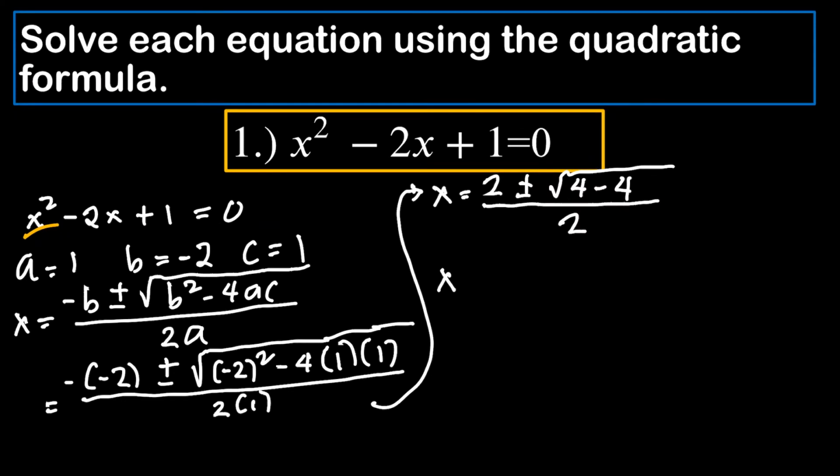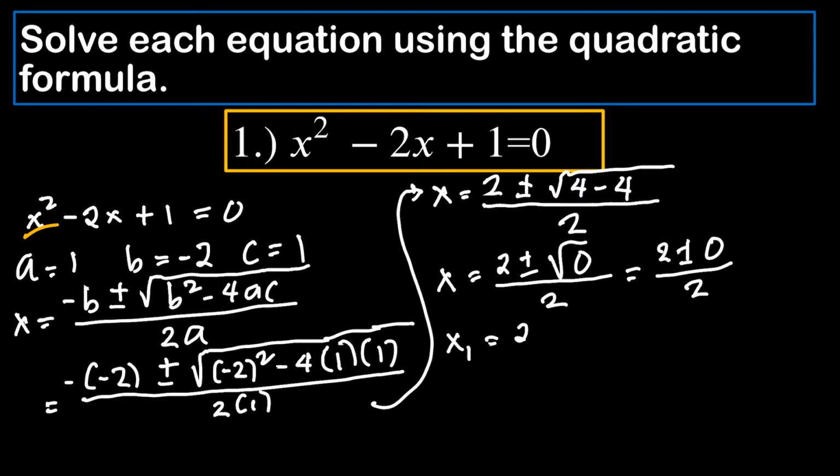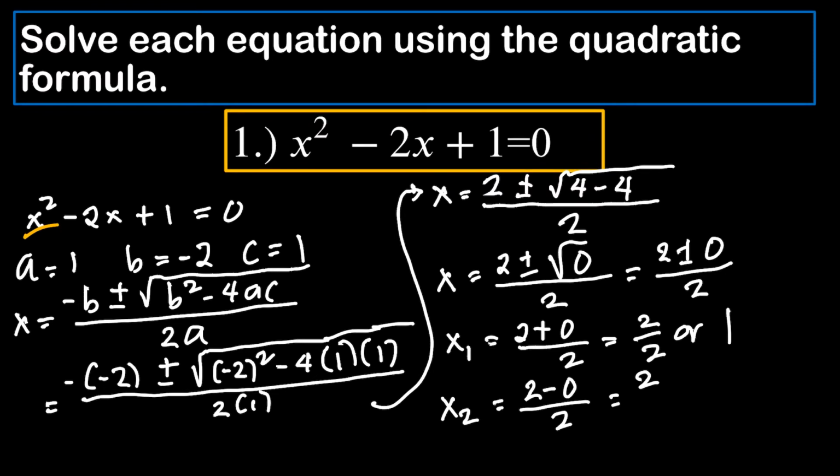So 4 minus 4 is 0, so that's 2 plus and minus the square root of 0 over 2, or simply 2 plus and minus 0 over 2. Our first solution is 2 plus 0 over 2, that is 2 over 2, or simply 1. And our second solution would be 2 minus 0 over 2, that will give us 2 over 2, or again simply 1.